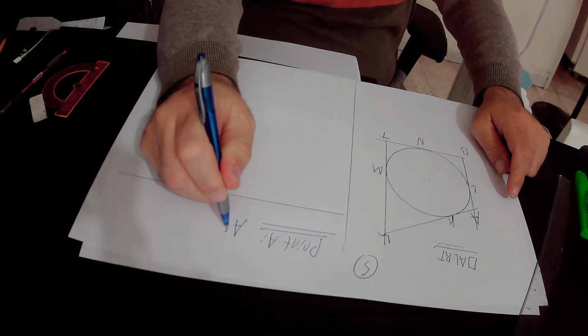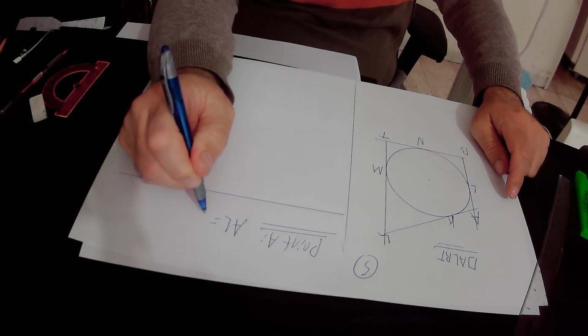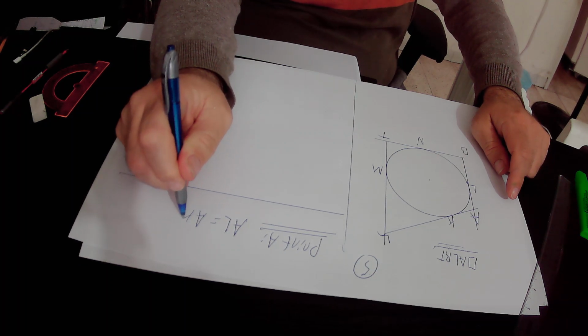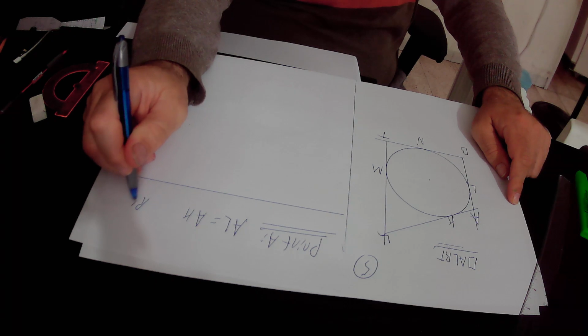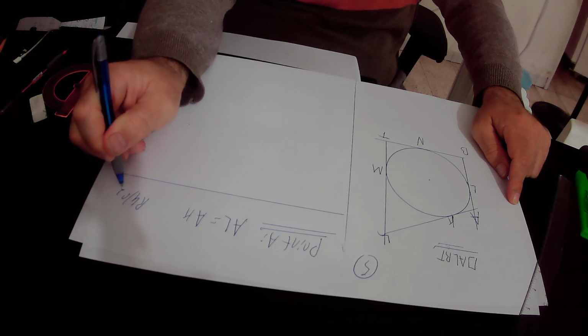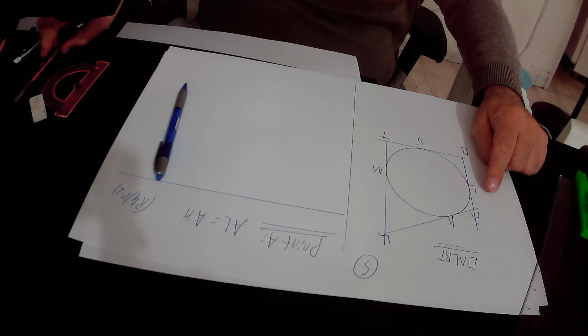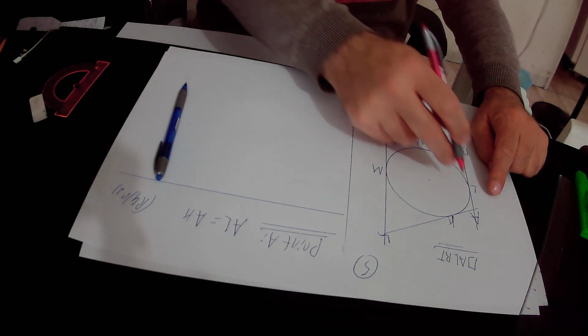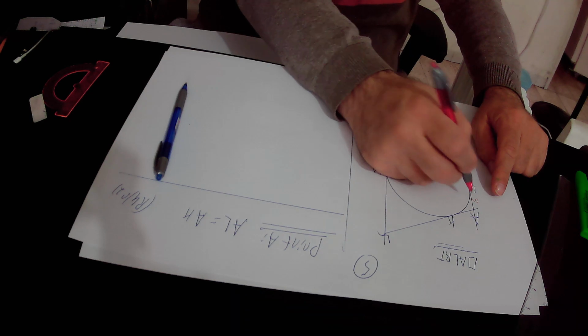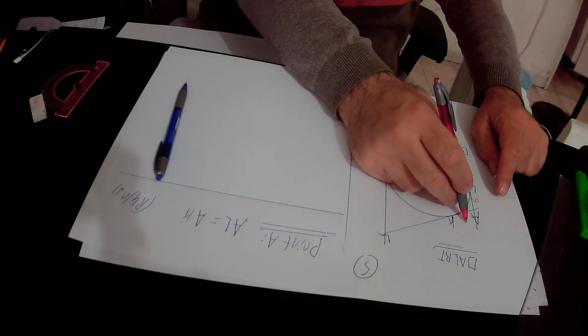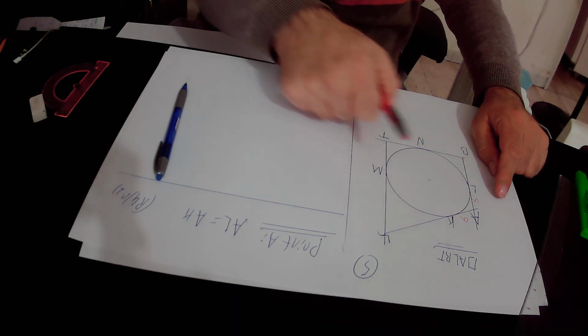And according to rule 2, they are equal to each other. That is to say, AL equals AK, according to rule 2. So if we define the length of tangent AL as A, then AK must also be equal to A because they are equal to each other.